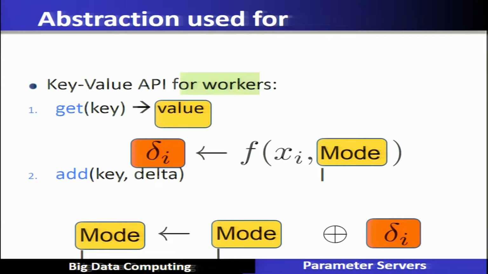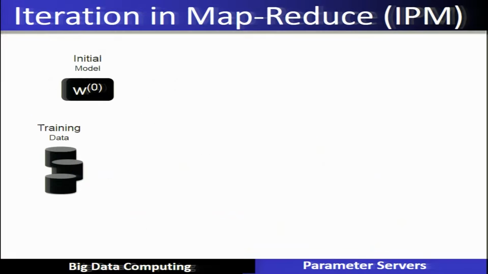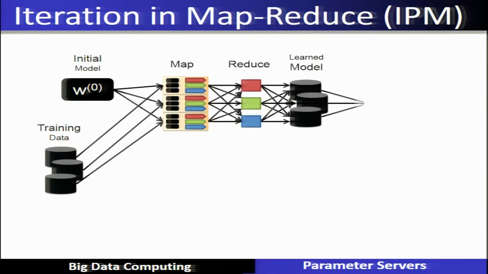Similarly, add key with a delta to be updated in the parameter server, and this addition can be performed using the add operation. So let us see how the iterations in MapReduce are supported using the parameter server.